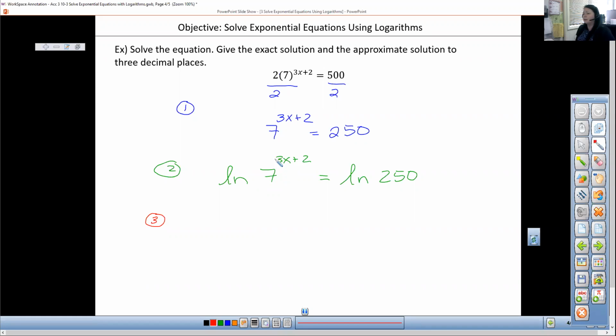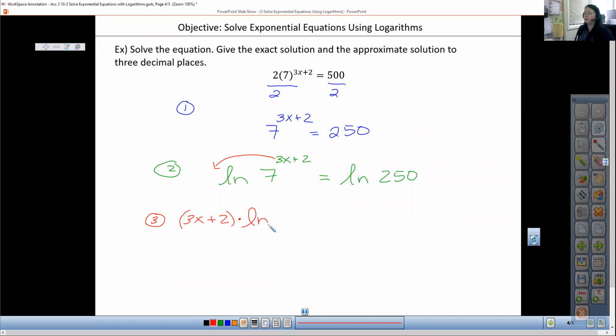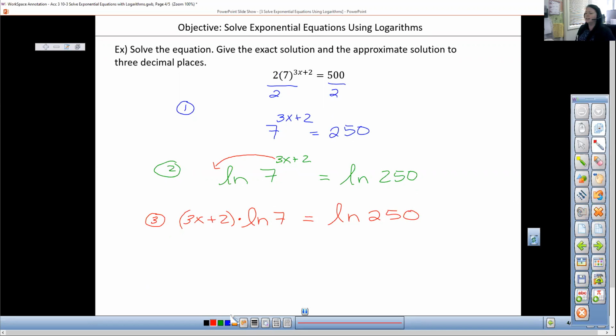So we have to realize that when we pull this to the front as a multiplying factor, that entire quantity is going to be multiplied times the natural logarithm of 7. Remember, the natural logarithm of 7 is an exponent value, so it's a number. So this is actually the same structure as if we had like 3x plus 2 times, let's say, 4.